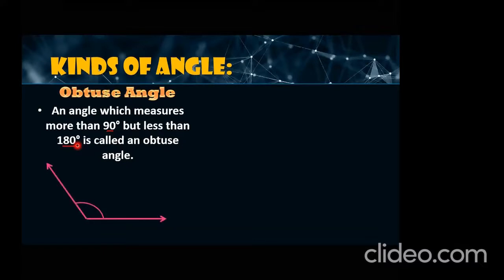Just suppose this one, XYZ. At point Y, the angle formed is equal to 120 degrees. So it is greater than 90 degrees but less than 180 degrees, so you will say that this is an obtuse angle.